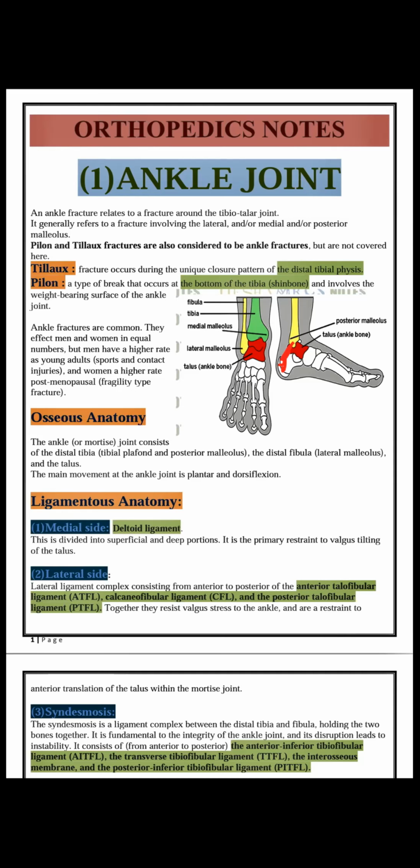Over the syndesmosis, between the lower end of the fibula and the lower end of the tibia, you will have the inferior tibiofibular ligament, divided into anterior and posterior, and the transverse tibiofibular ligament. These are all ankle ligaments, and this is a revision because they were already explained in lower limb anatomy.